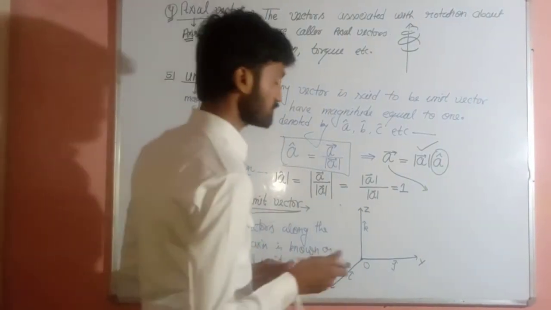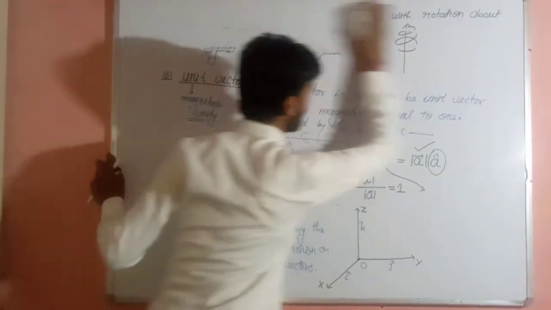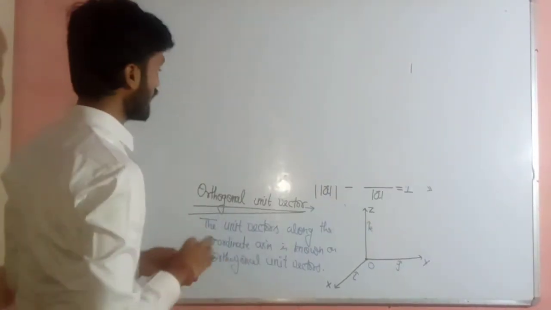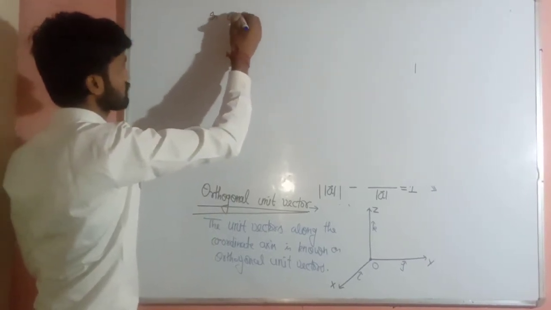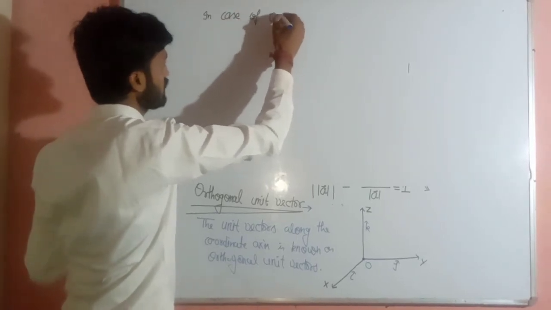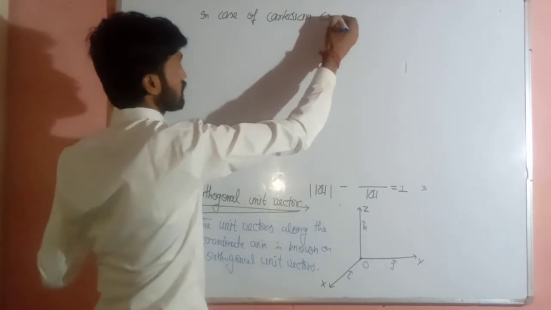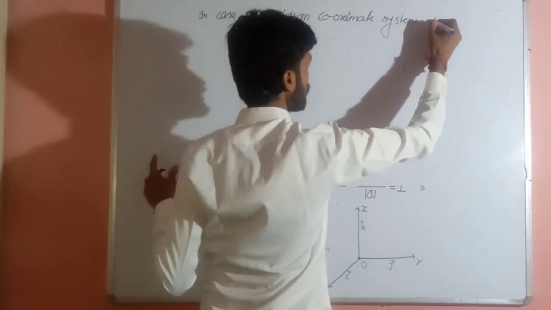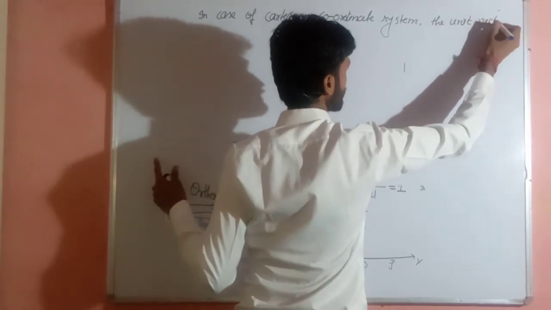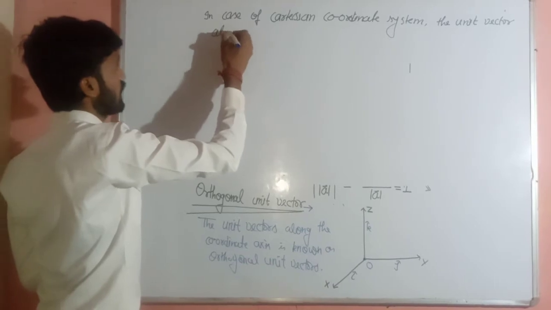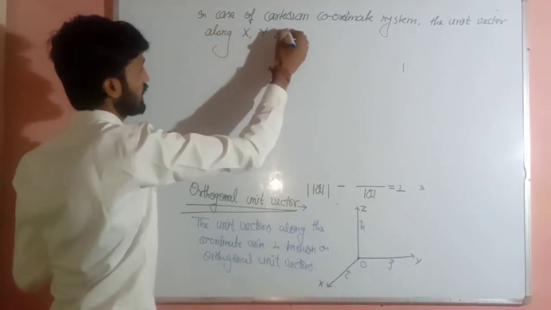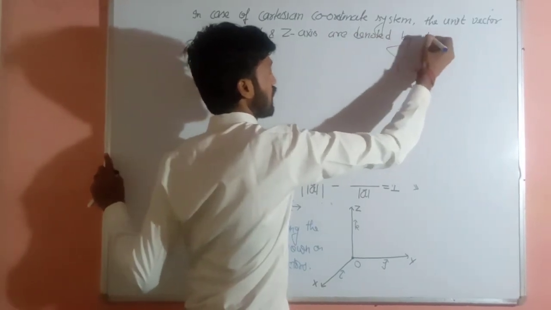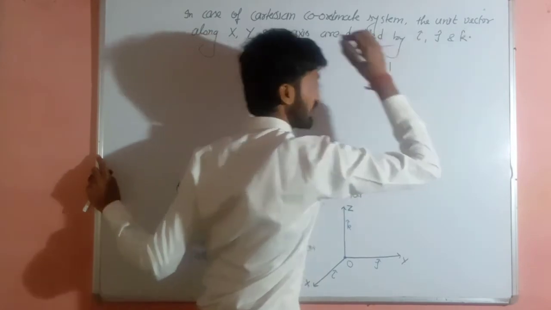In case of the Cartesian coordinate system, the unit vectors along the x, y and z axes are denoted by i cap, j cap and k cap.